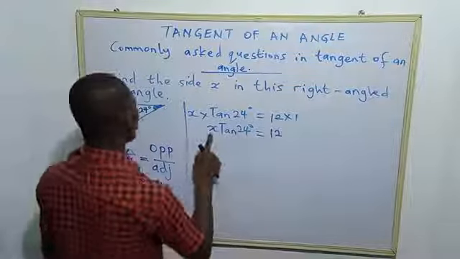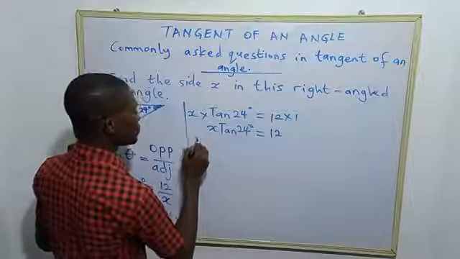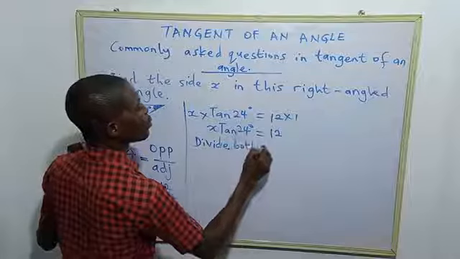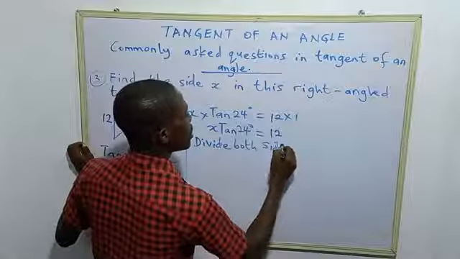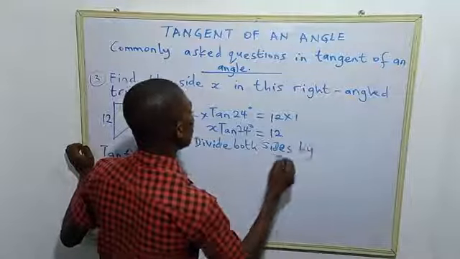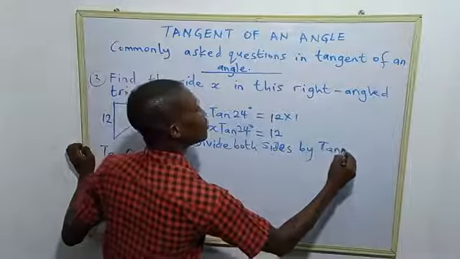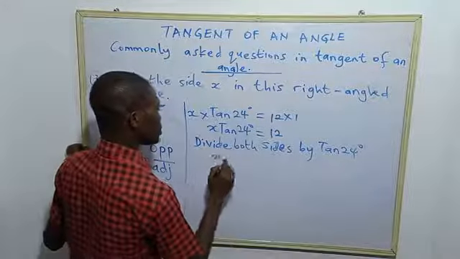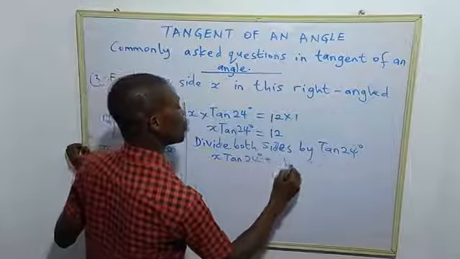To find the value of x, which we are looking for, divide both sides by anything beside x. Tan 24 degrees, which is x tan 24 degrees equals 12.